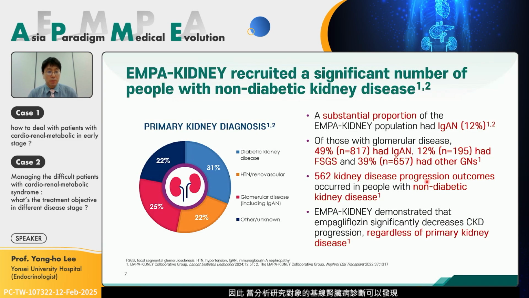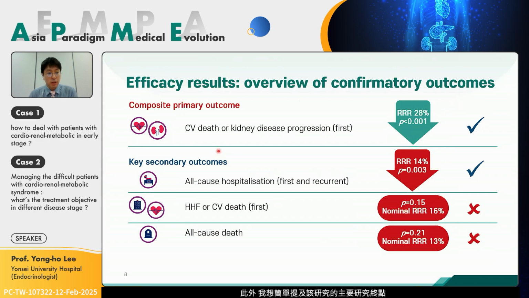When you look at the baseline primary kidney diagnosis of the individuals who participated in this trial, you can see only one-third of patients had diabetic kidney disease, and the rest were diagnosed with non-diabetic kidney diseases. I also want to briefly mention the primary endpoint.